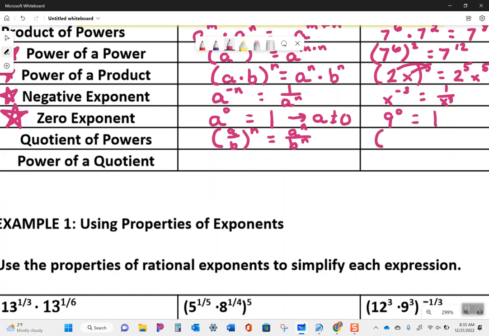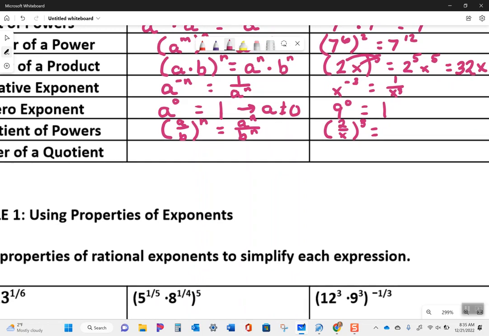So suppose I have 2 over x, all to the 3rd power. That would equal 2 to the 3rd up top. What is 2 to the 3rd? So up top you would have 8, and then on the bottom, x times x times x. What would that be? x to the 3rd.